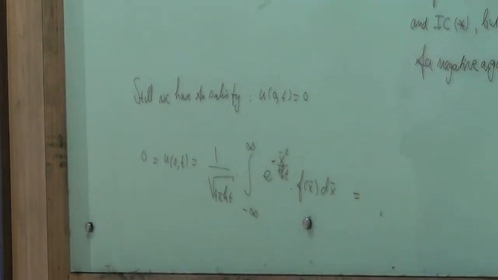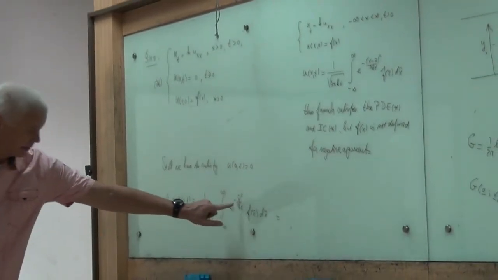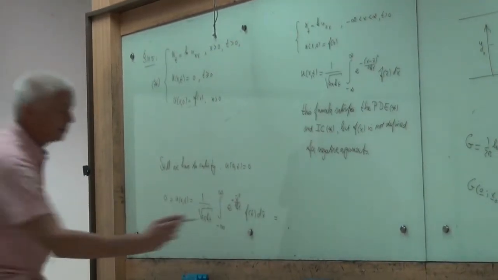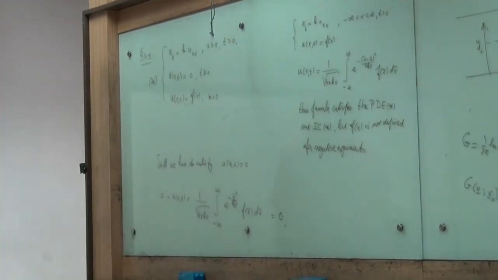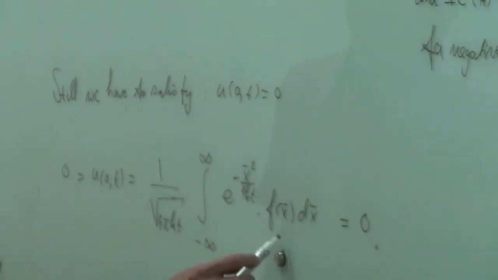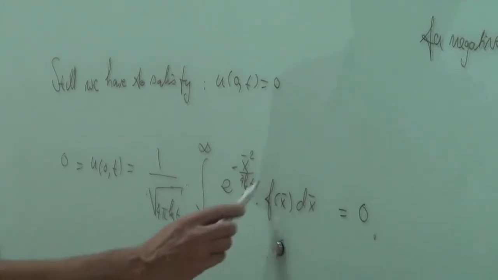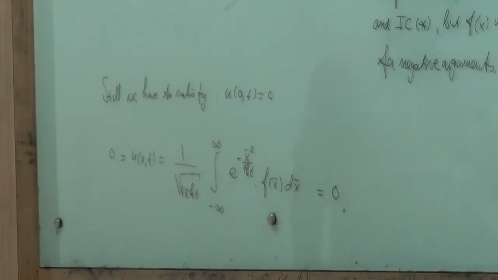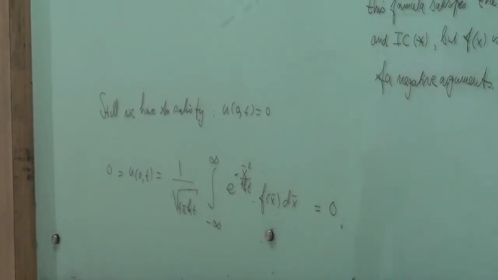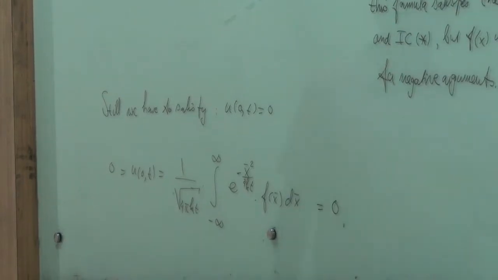Okay, this integral, which here depends on f(x) and x squared, has to be 0, and the only thing that is not defined is this function f(x) for negative arguments. What do I see?